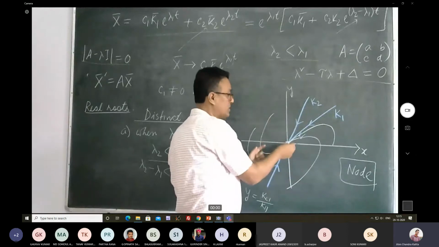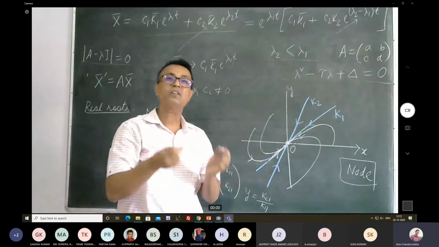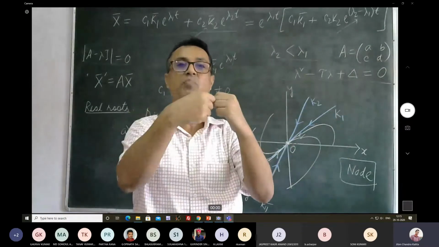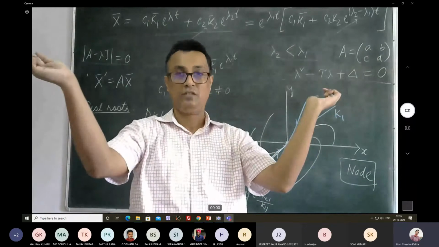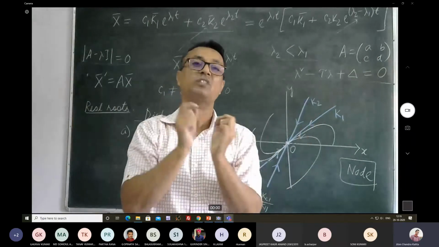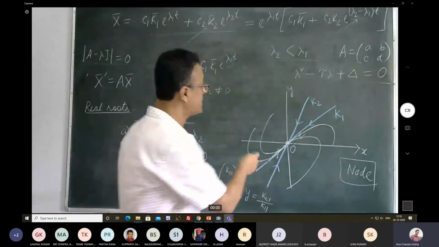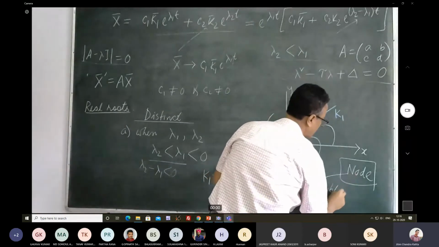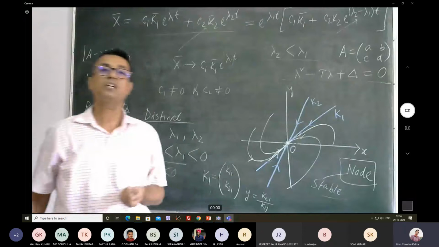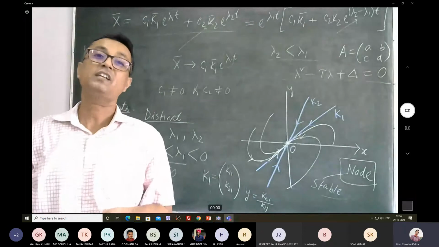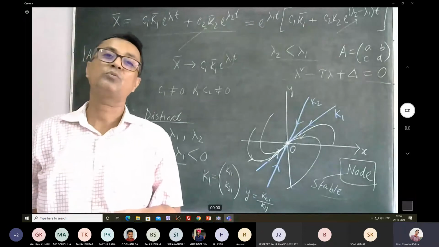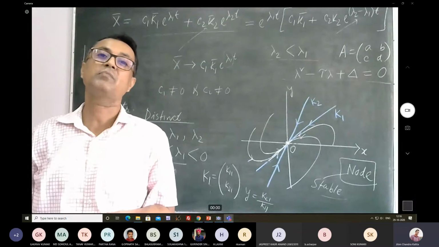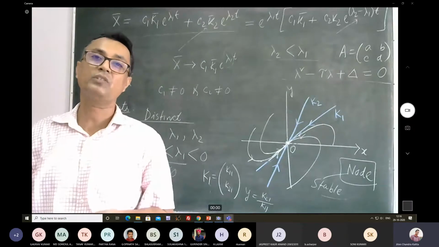So in those situations, whenever something is converging towards a point or diverging from a point, that point is called a node. Okay. And here, since it is converging, we are going to call it a stable node. Because here you can see that although you start at different initial points, the trajectories are coming back towards the critical point 0.